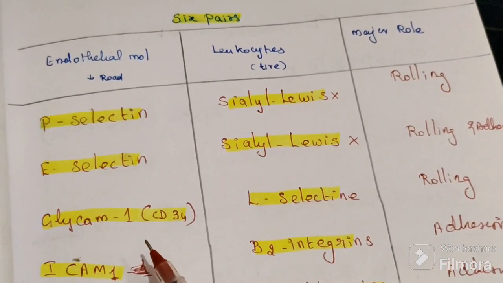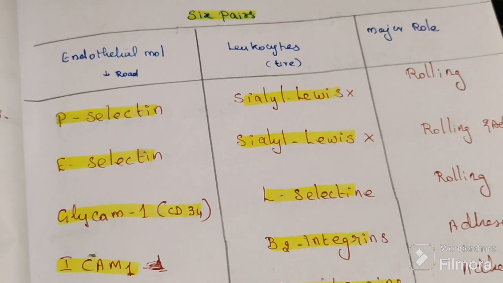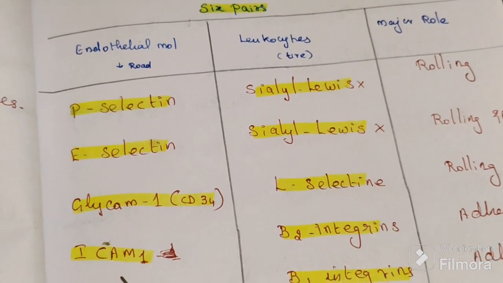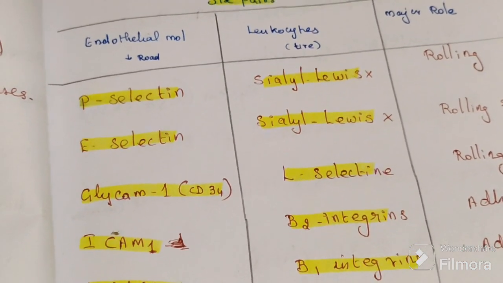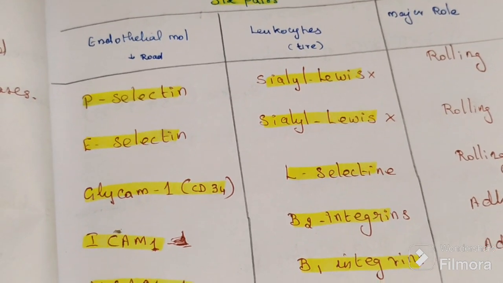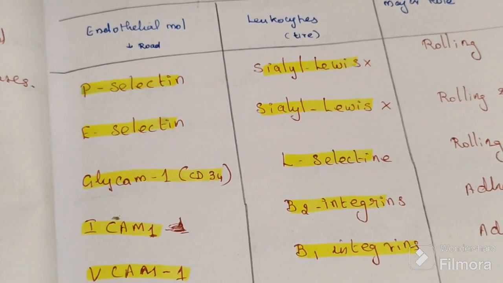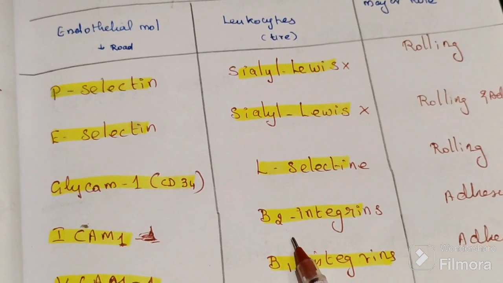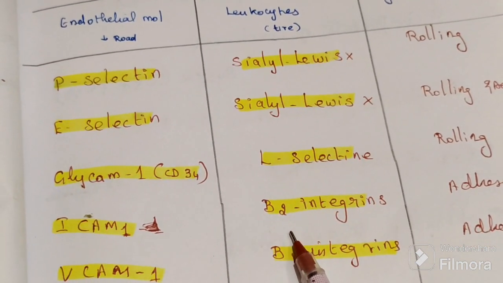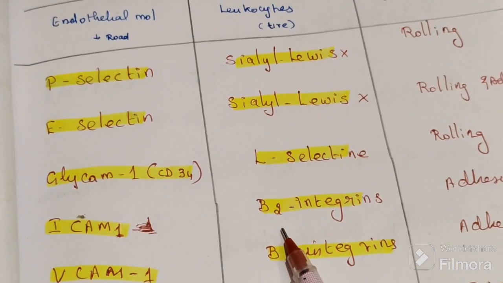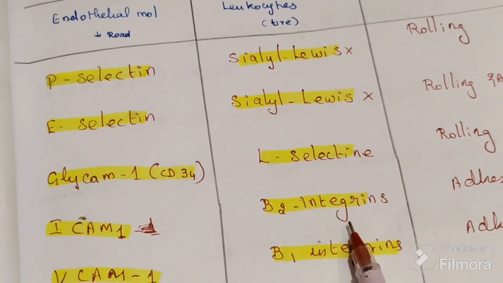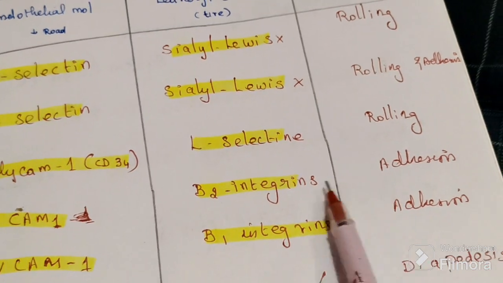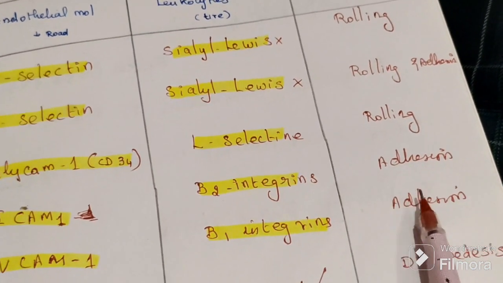Then the endothelial molecules have CAM molecules ICAM and VCAM. ICAM means intercellular and VCAM means vascular adhesion molecules. The WBC has receptors, the CAM molecules beta 2 integrin and beta 1 integrin. Here both receptors have the role of adhesion.